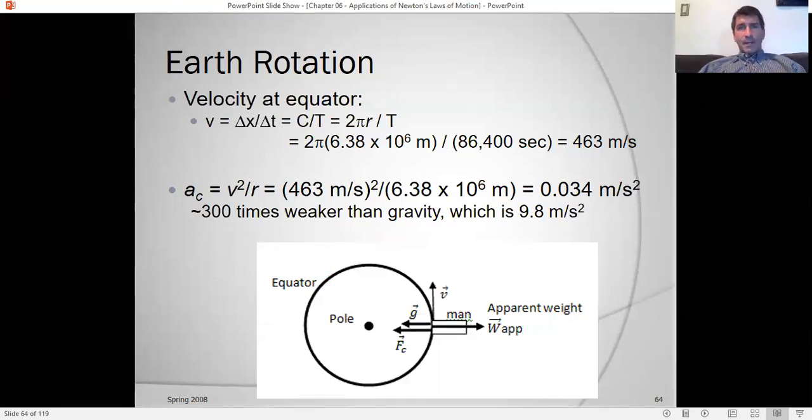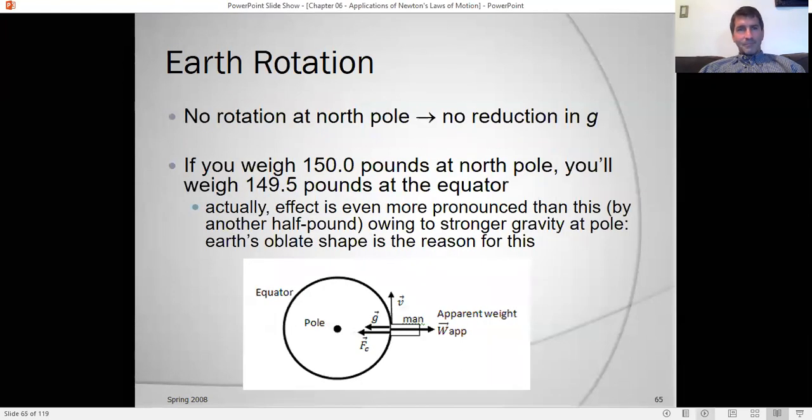So not a really big effect. If you want to lose weight, yes, you can go to the equator, but you're not going to lose very much weight. Once again, combining all the different effects, maybe 0.5% of your weight will be less. Not worth making the trip. So if you were 150 pounds at the North Pole, you'd probably be about 149.5 pounds at the equator.